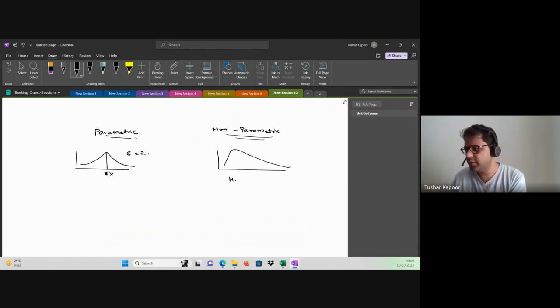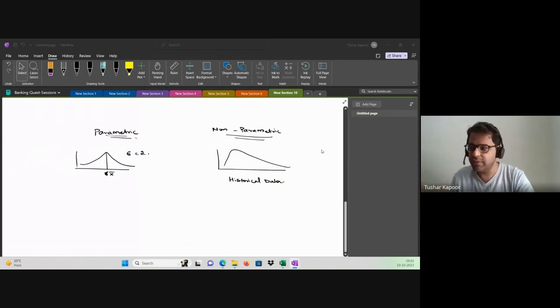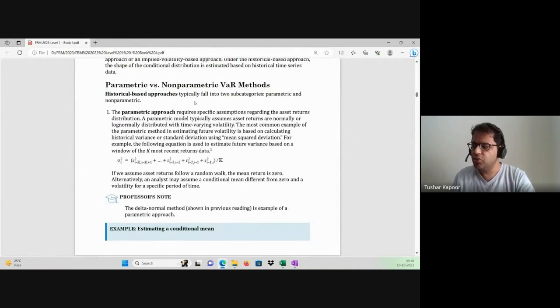When we are using historical data without any adjustment for the forecasting and everything, that is non-parametric. But when we assume things to be normal distribution, mean, median, mode a certain way, that is where things are more parametric based.